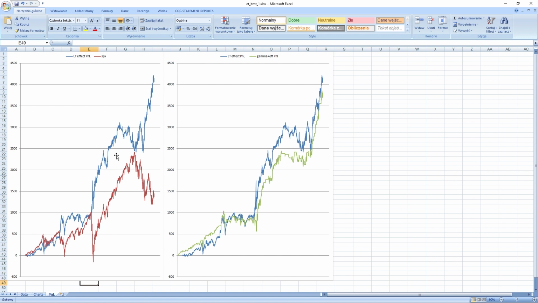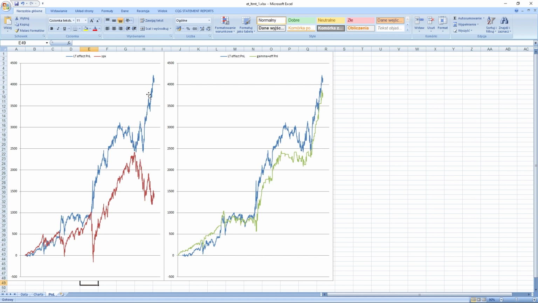But in periods where the market was tanking, like this one here, the COVID, where you have a huge drop, based on the LT effect, a very simple strategy, just go long above zero, go short below, the strategy made quite a good run.